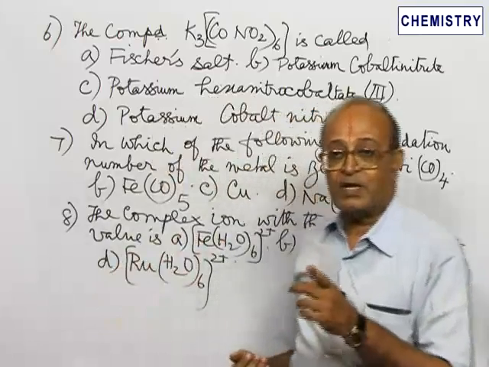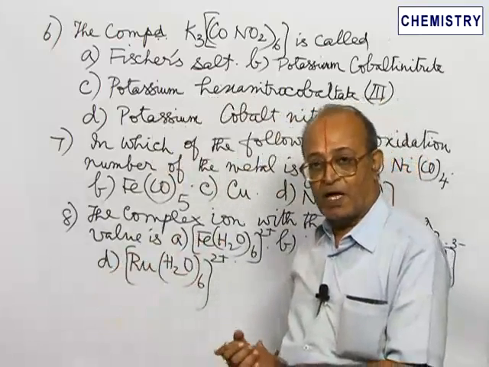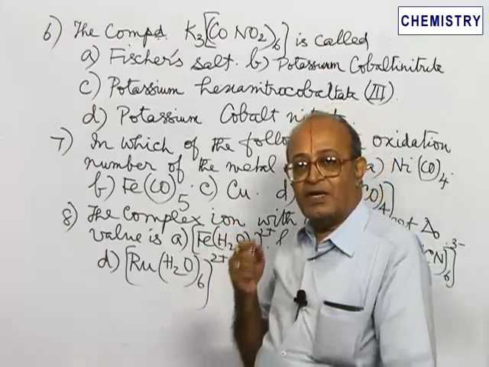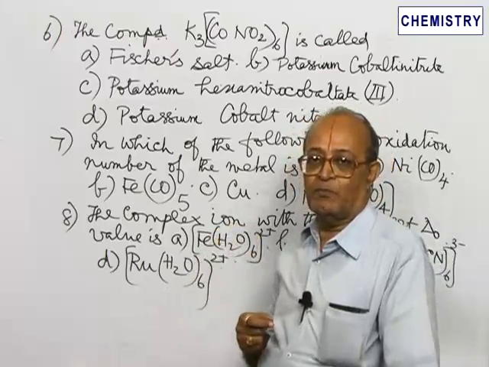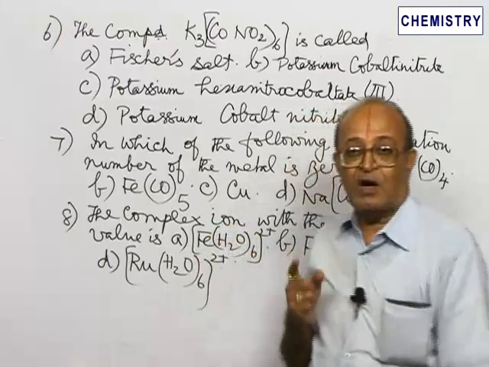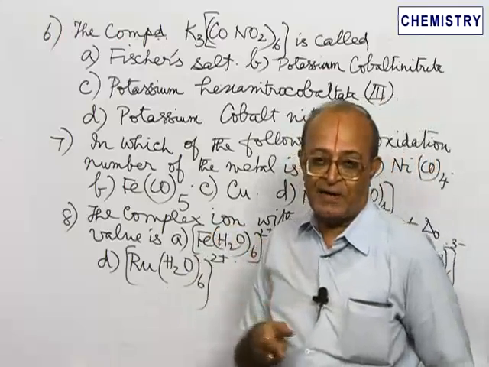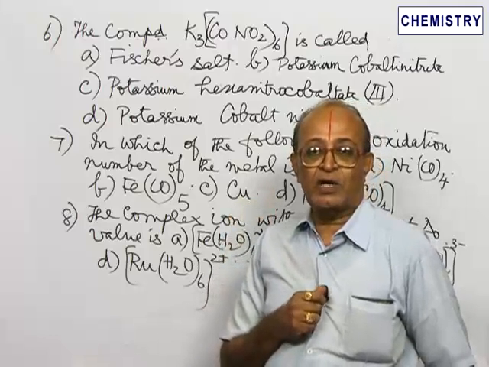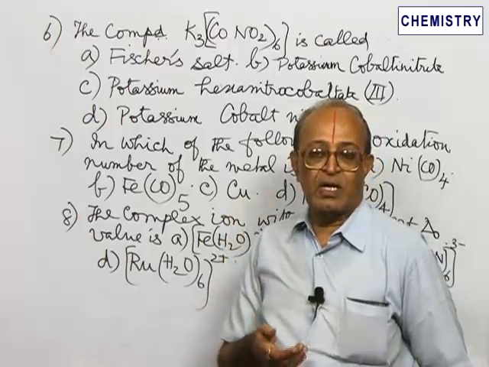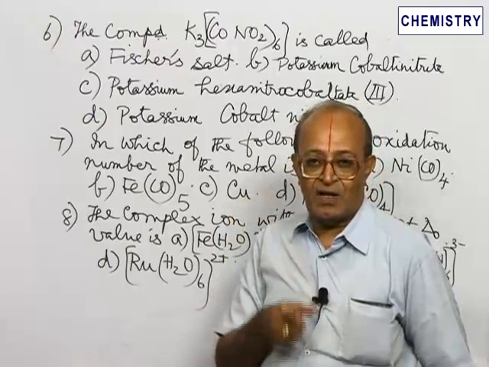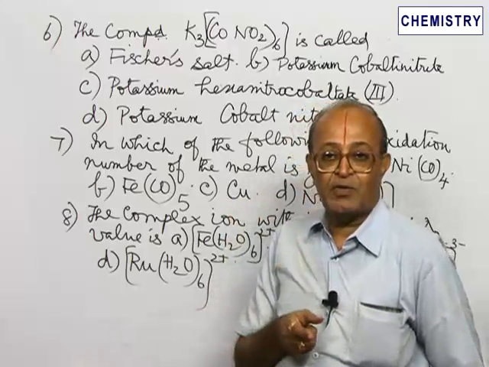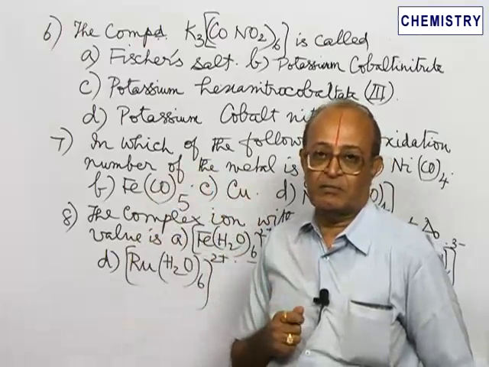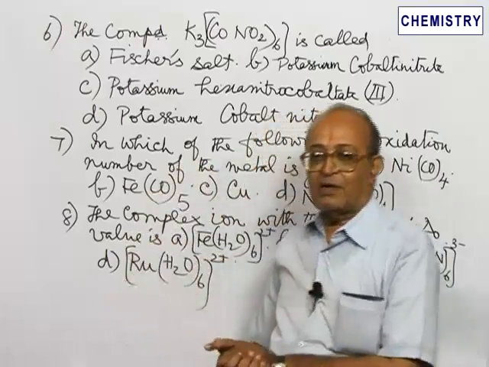If the complex ion is a cation, then the central metal will not have a special name. But if the complex ion is an anion, then according to IUPAC nomenclature, the name of the complex ion should end in -ate. All right.